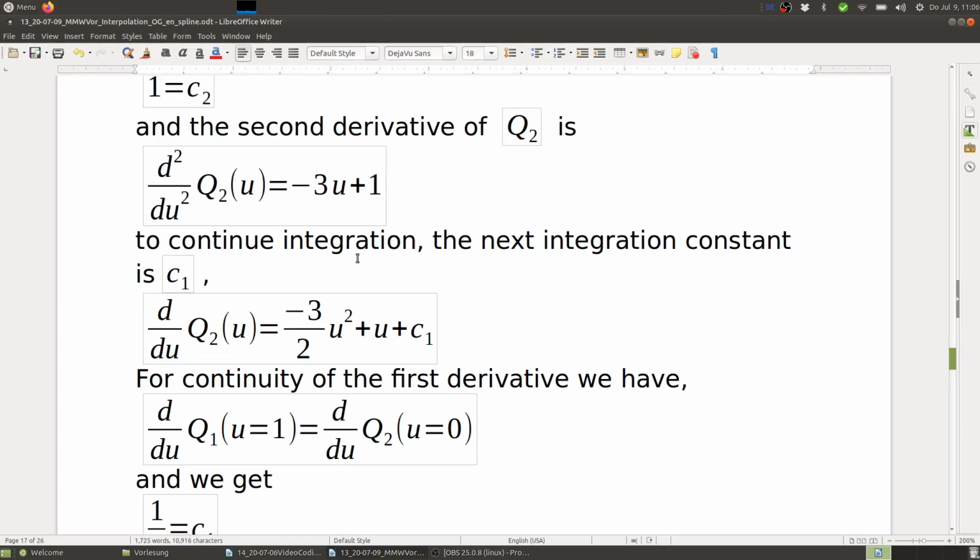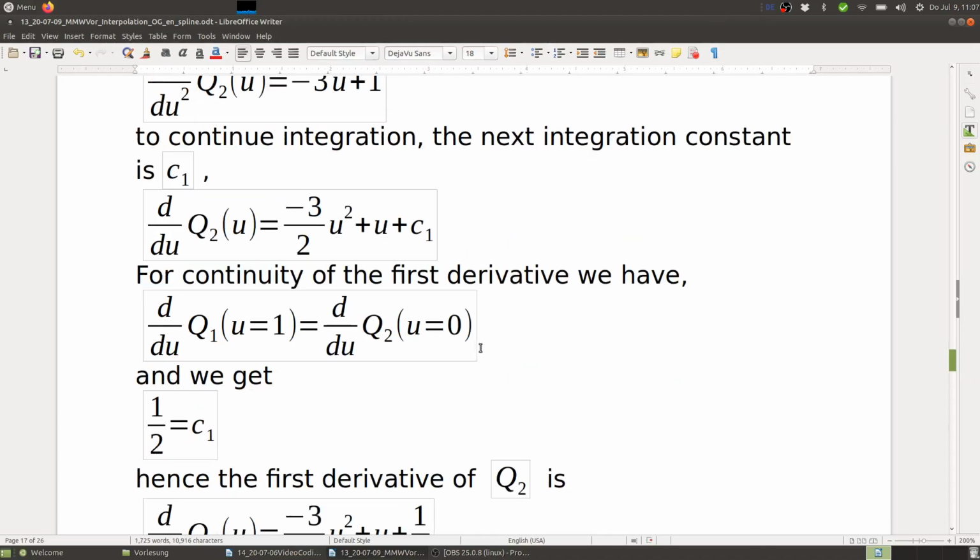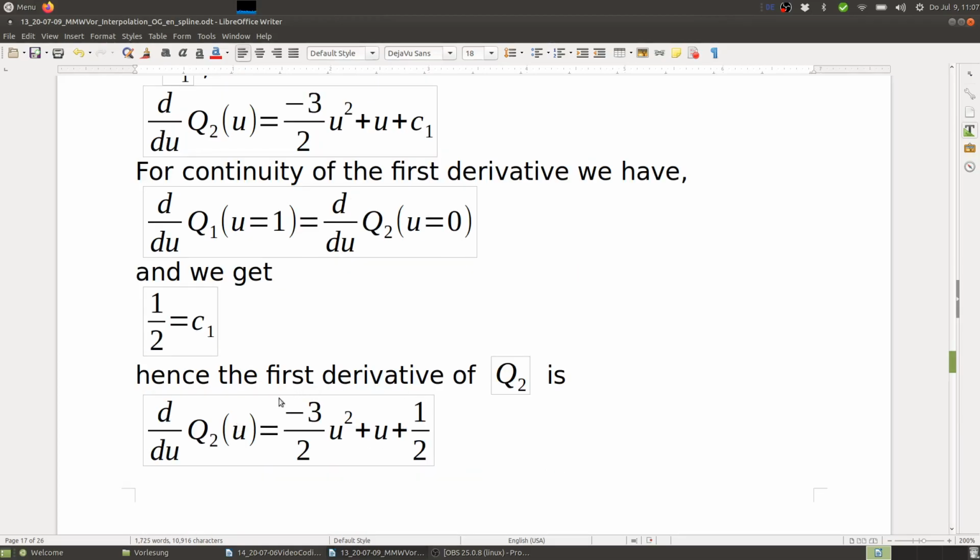So now we can continue integration. The next integration constant is c1. So now we obtain the first derivative after integration with this integration constant c1. Again, to make sure that we have the continuity across the boundary, we get 1/2 equals c1. Right, so this is now the first derivative of the second interval.